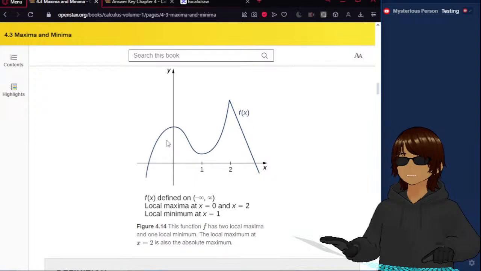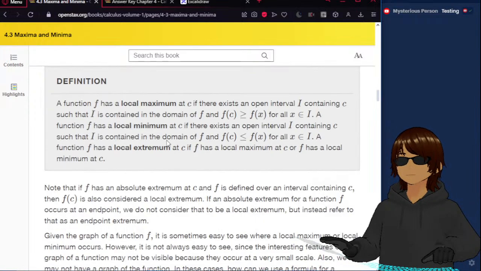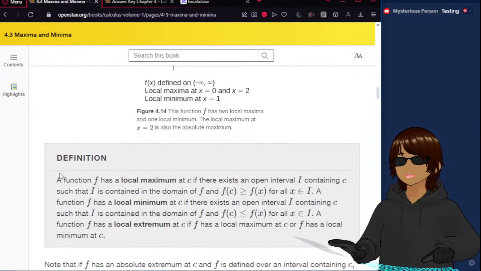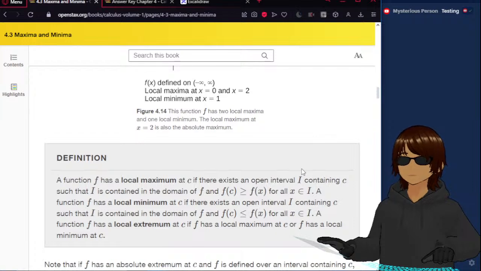Local extrema and critical point. A function f has a local maximum at c if there exists an open interval I containing c, such that I is contained in the domain of f and f of c is greater than or equal to f of x for all x within that interval.